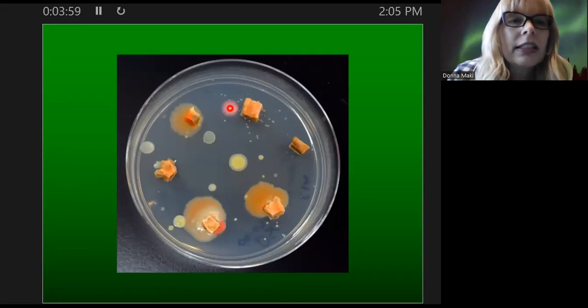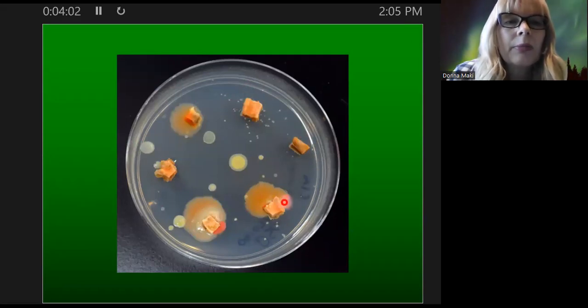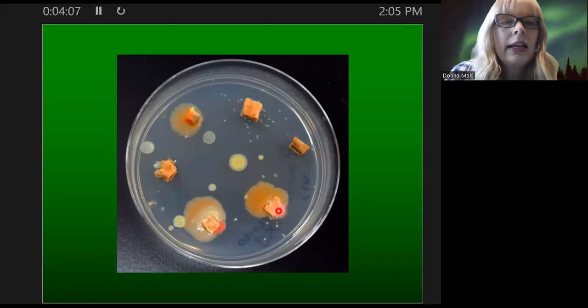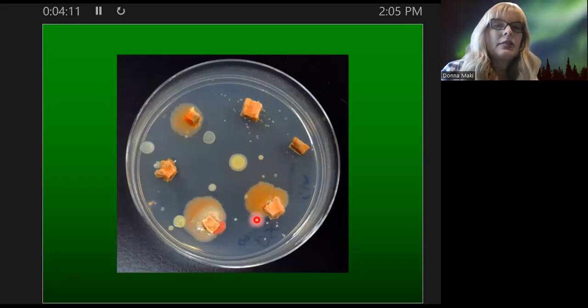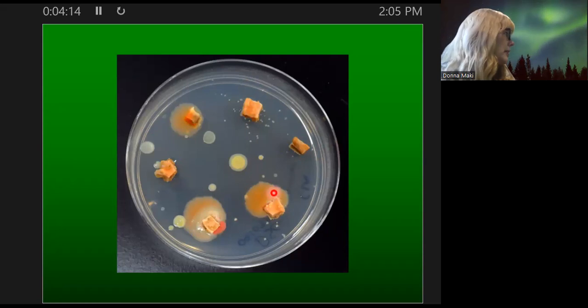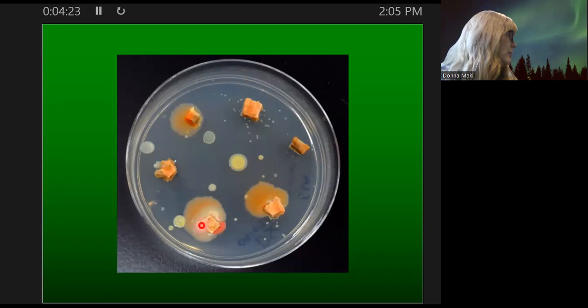I didn't look at the details of this, but you can see the squarish pieces of orangey tissue. And if you look carefully, you can see how the contaminants seem to be growing out from the tissue. Like this one here where my laser pointer is, this big orange blob coming out is bacteria. When you see it actually growing out of the tissue onto the agar plate, that's likely an endophyte.